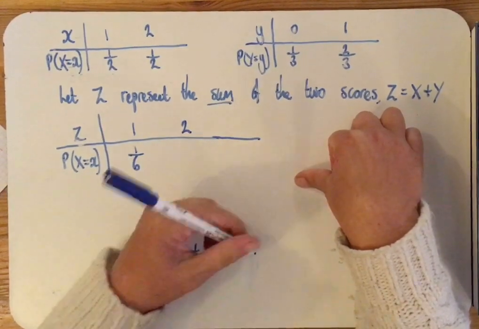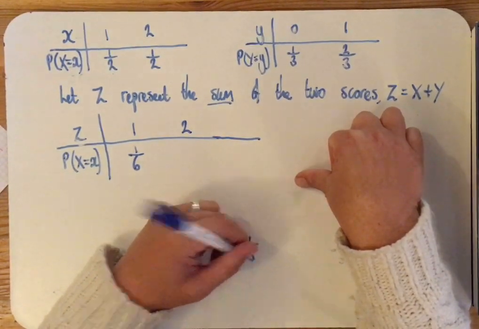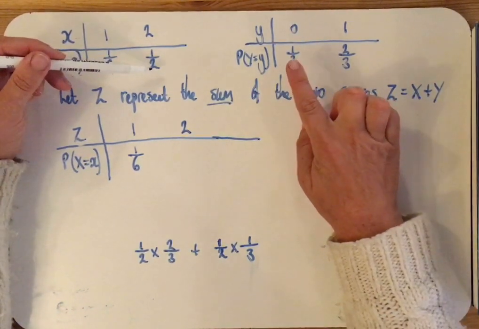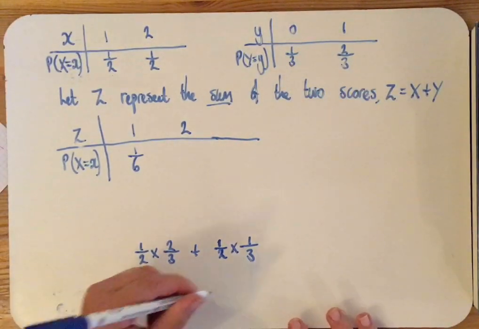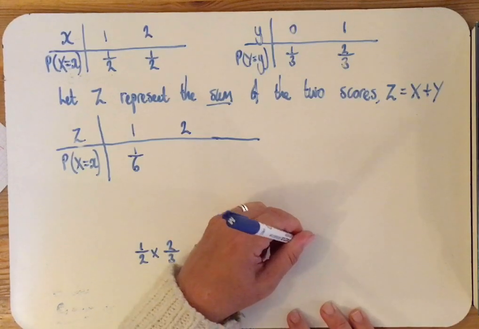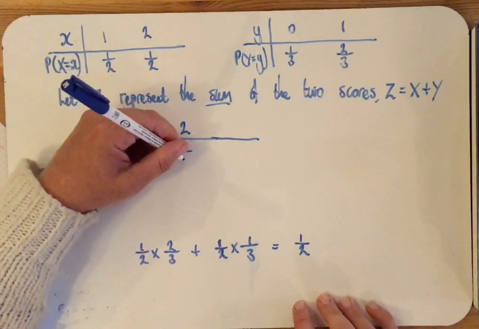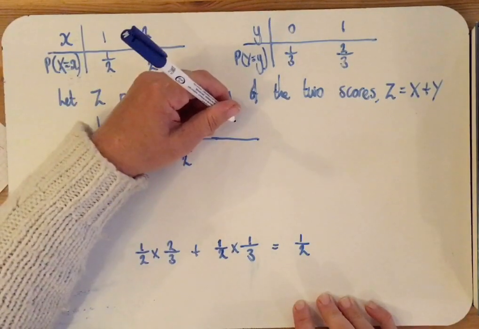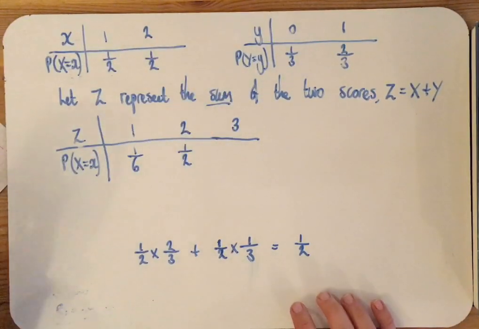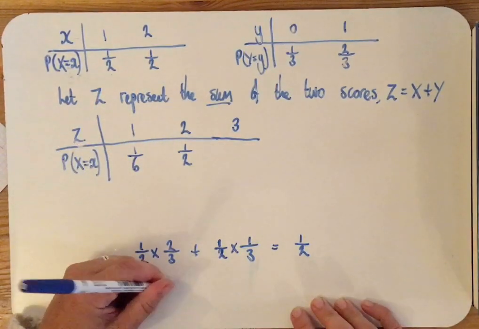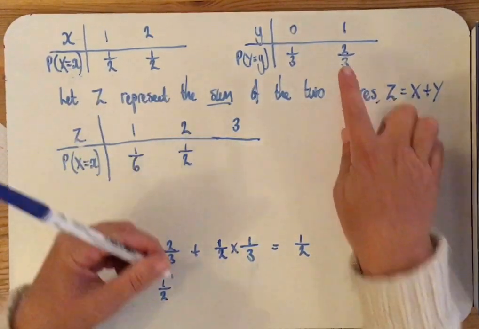Sorry, I might have to write down the right probability. So 2 on the first, 0 on the second is a half times 1/3. And then that totals to give you a half. Or you could have a total outcome of 3. And the only way you're going to get that is if you have 2 on the first and 1 on the second.